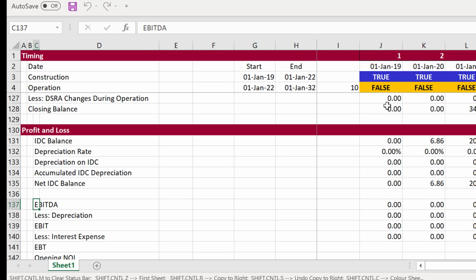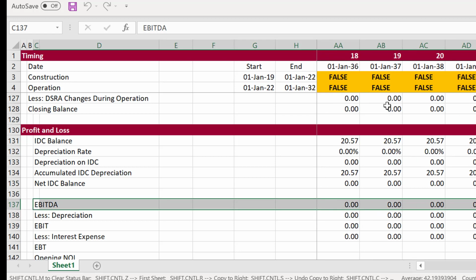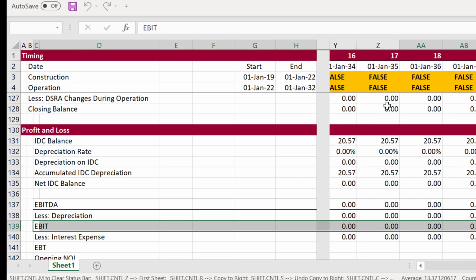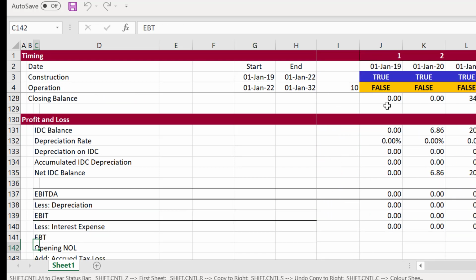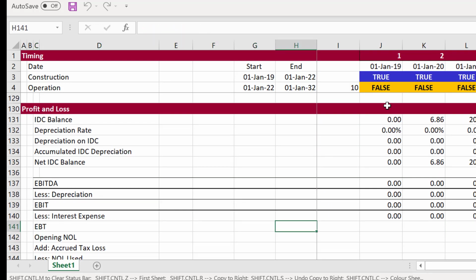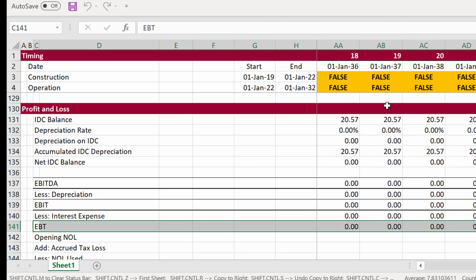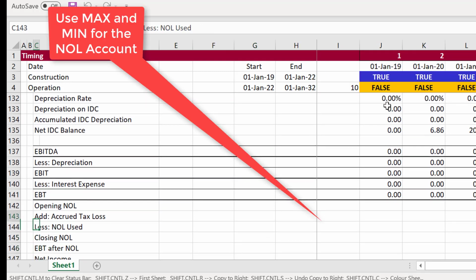I'm going to put a couple of Shift Control E. This is a very simple shortcut that I made, and then we'll get our earnings before taxes. Which is still positive, but if we put in our P99 case, it wouldn't be positive.